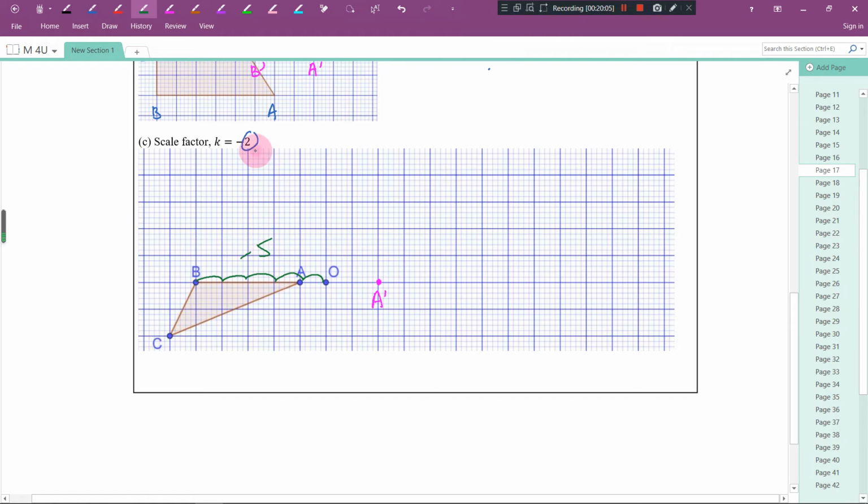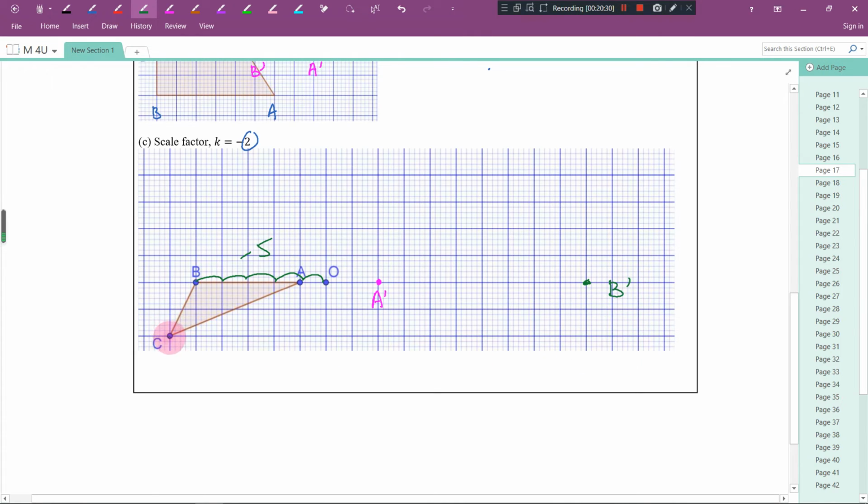Negative 5 times negative 2, you get positive 10. Positive, go to your right hand side. And don't forget, start counting from the center. 1, 2, 3, 4, 5, 6, 7, 8, 9, 10. Okay, this is B prime.